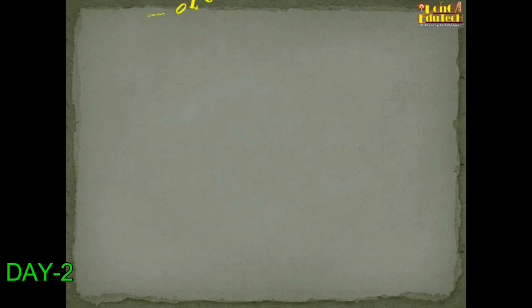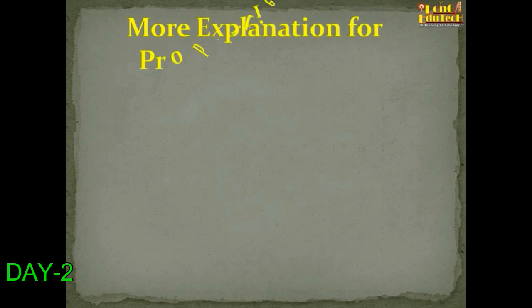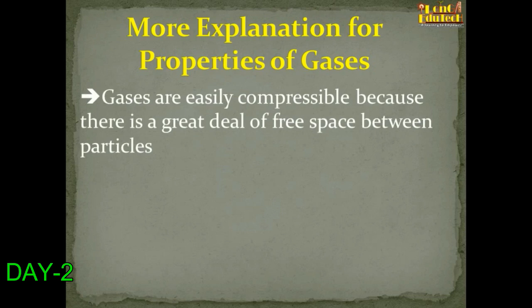Now we come to more explanations for the properties of gases. Gases are easily compressible. Why so? Because there is a great deal of free space between the particles. That means, as we know, there are very weak intermolecular forces of attraction. In gases, the weak intermolecular forces of attraction are also called van der Waals force.